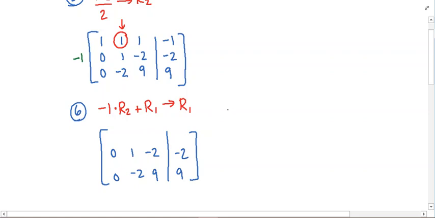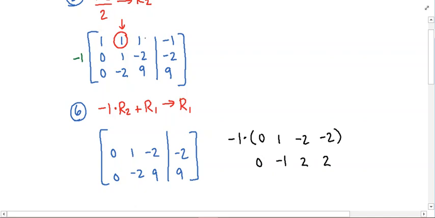I need to go to row 2 and multiply everything by -1. If we are multiplying everything by -1, it's just going to change the sign of everything. So we're going to get 0, -1, +2, +2. And then we're going to add it back to row 1.